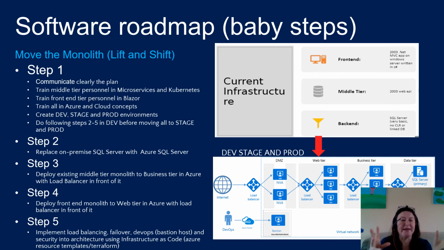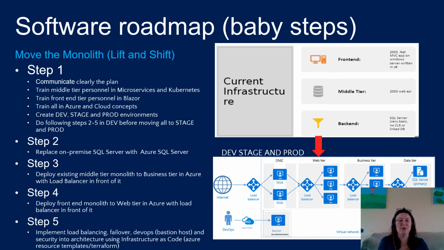Step five will be implementing load balancing, failover, some DevOps stuff, some security into the architecture, and then using some infrastructure as code to build the architecture. So to create the load balancers, to create the virtual machines using infrastructure as code templates, making sure they're reusable and making sure they're DRY, don't repeat yourself, and so on.